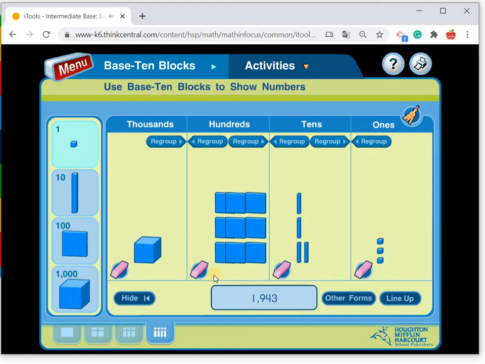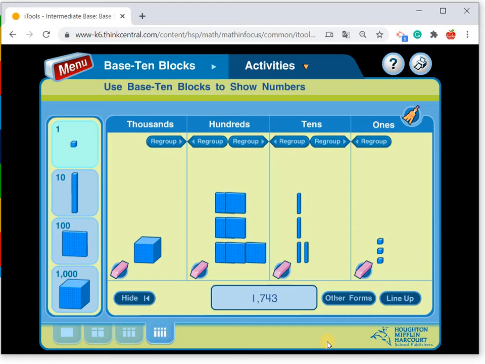And the math problem said to subtract 2 hundreds. So subtract 100, subtract 200. And I can see by counting my blocks that I have 1,000, 7 hundreds, 4 tens, and 3 ones. And that's the same as 1,743.